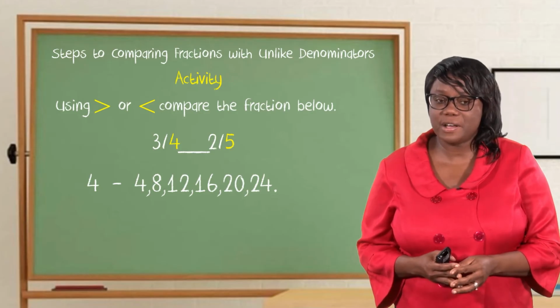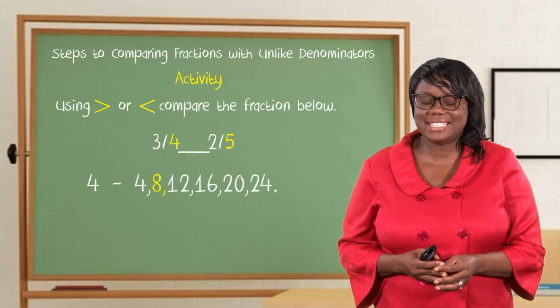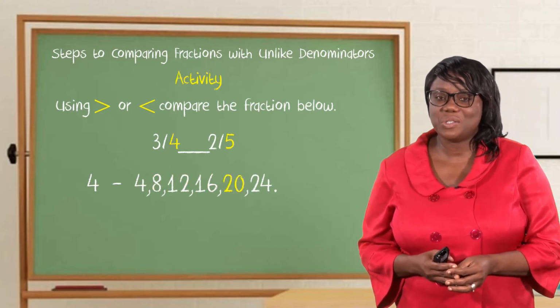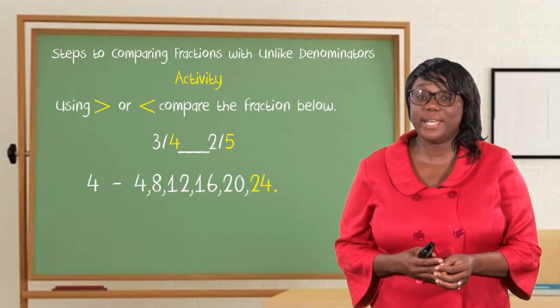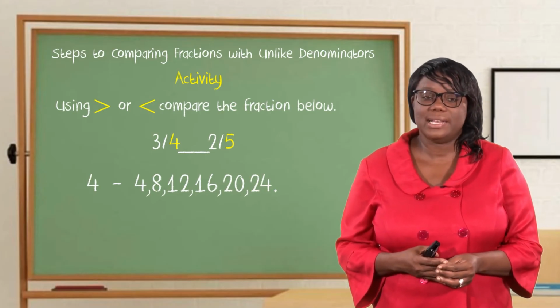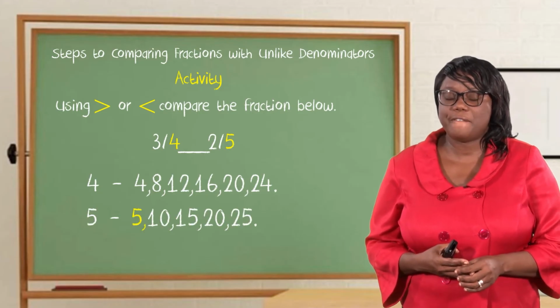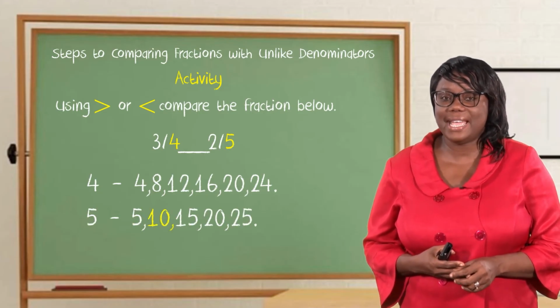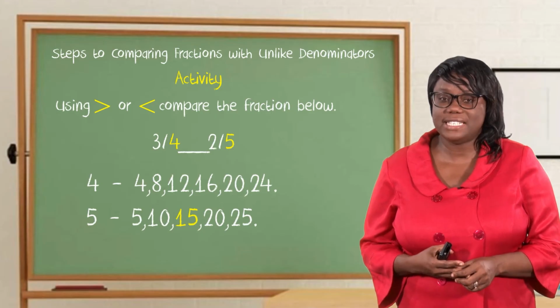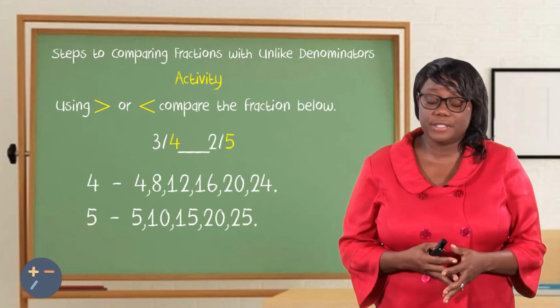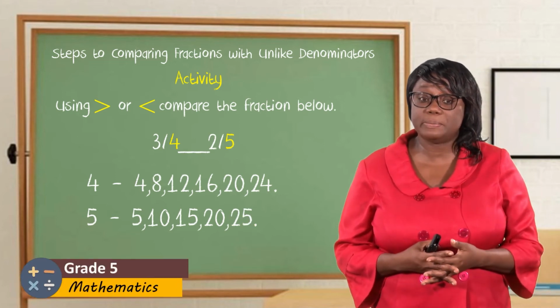The multiples of 4 are 4, 8, 12, 16, 20, and 24. Let's list the multiples of 5. 5, 10, 15, 20, 25. Good. So we have all our multiples there.